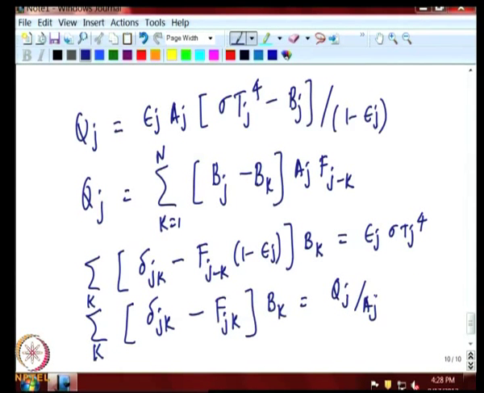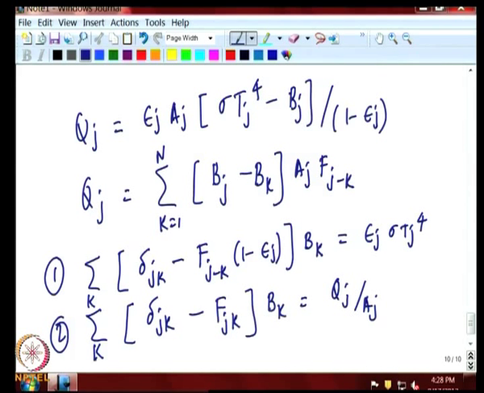So, there are two equations we have. We use equation 1 wherein the temperature is known and use equation 2 where the heat flux is known. So, on any given surface, we expect that either the temperature is given or the heat flux is given.